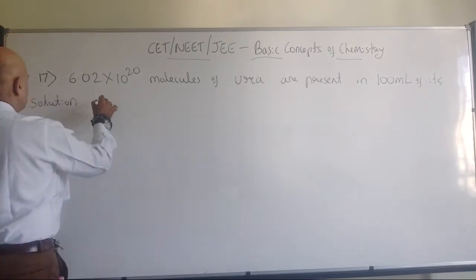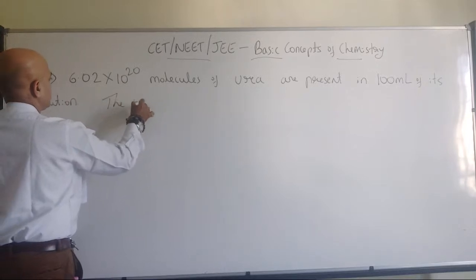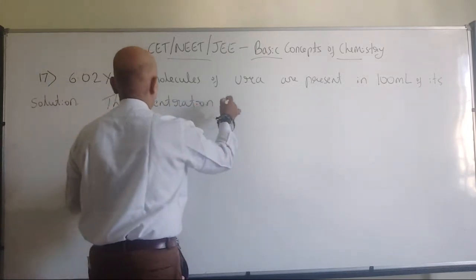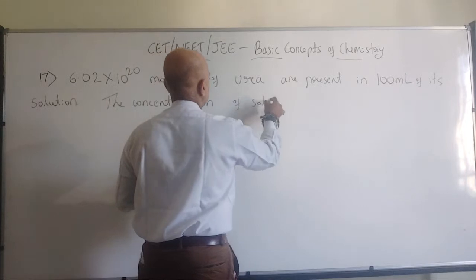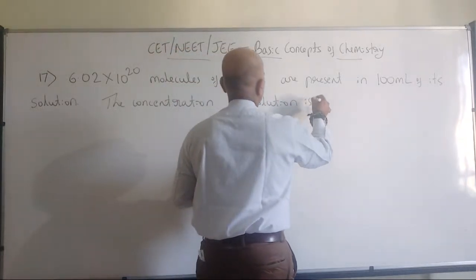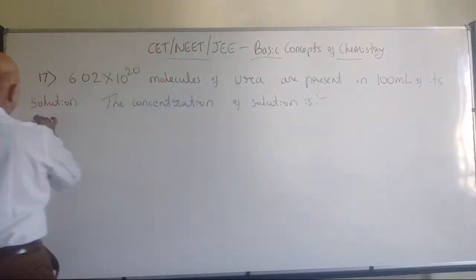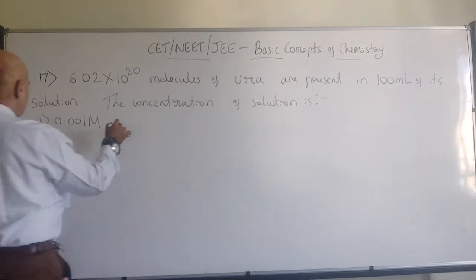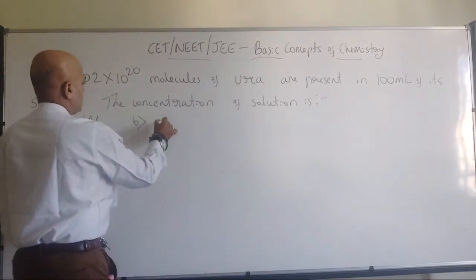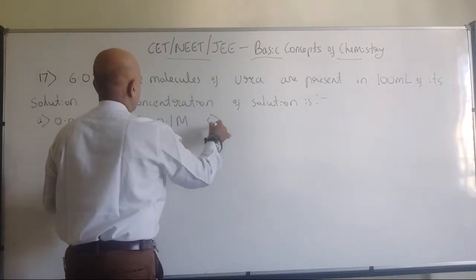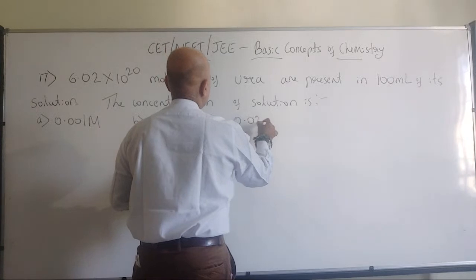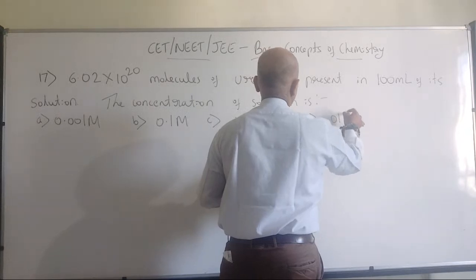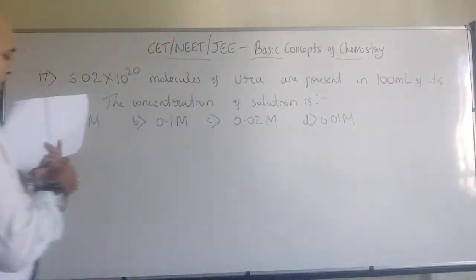Okay, so the concentration of solution is, see, this is also from NEET. So the concentration of solution is, okay, so option A 0.001 molar, option B 0.1 molar, option C 0.02 molar, and option D 0.01 molar. So that's where we have the question.